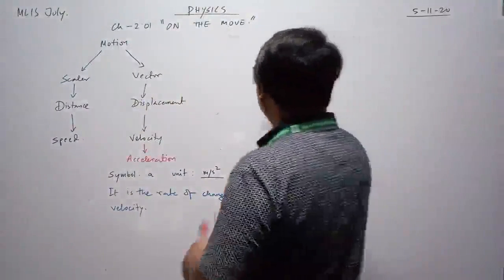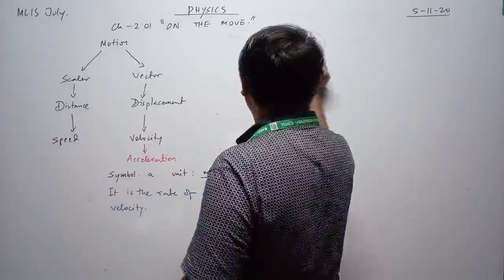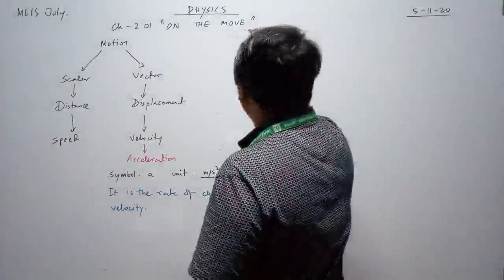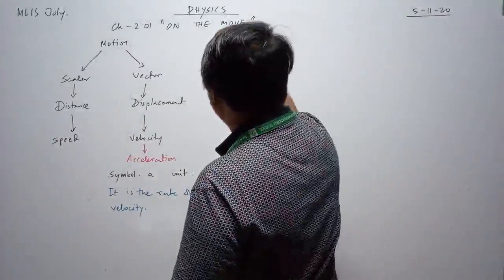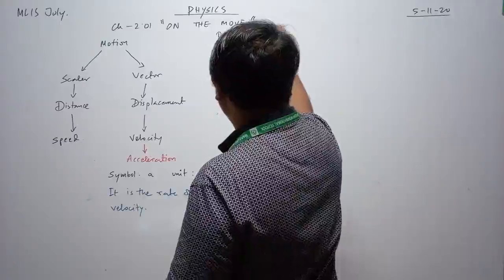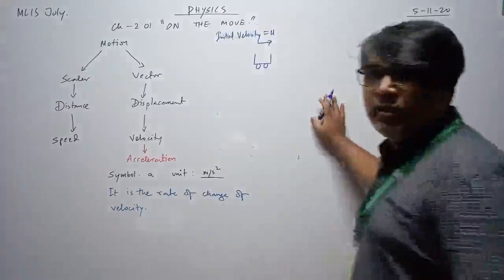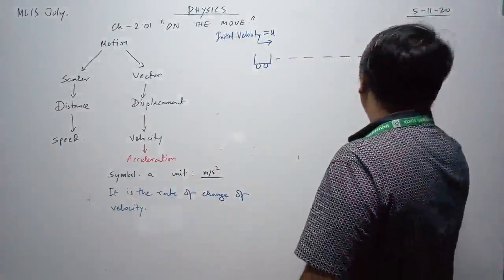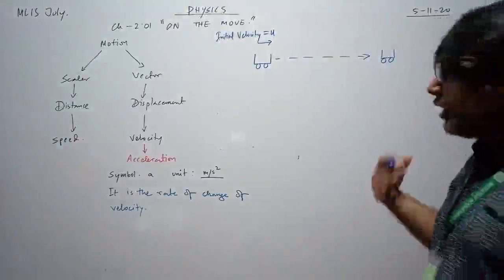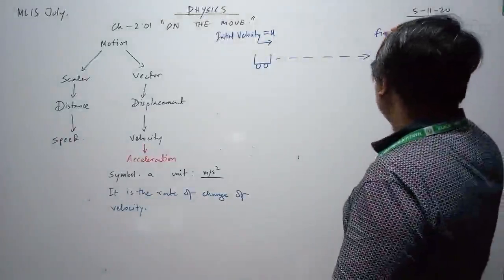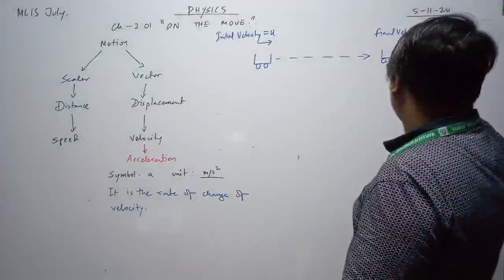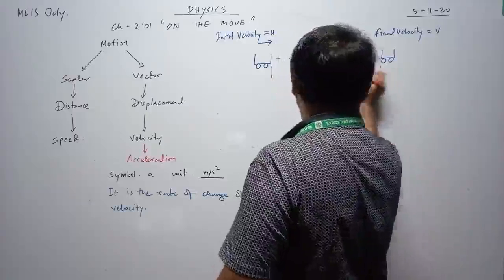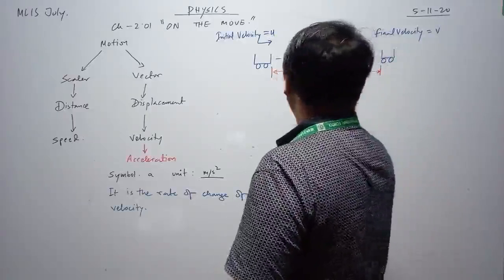If I want to give an example, let's say I have a small trolley over here, and the trolley is traveling at an initial velocity u, and as it travels from one point to another, it has a displacement, and the final velocity is v. So the time to accelerate will be t.